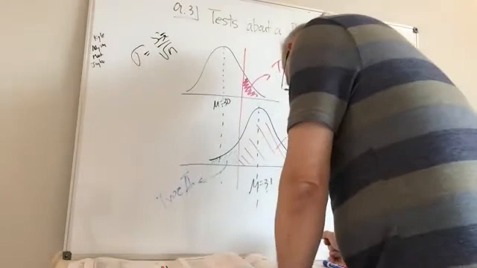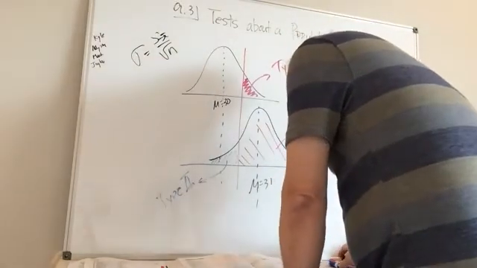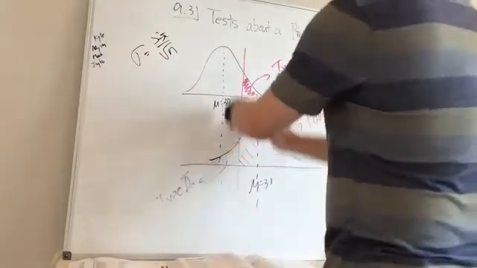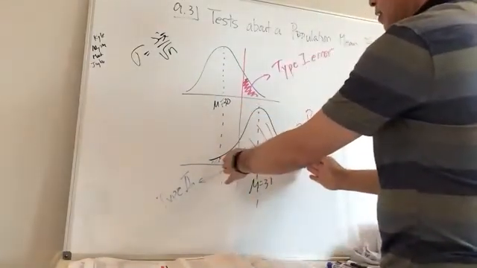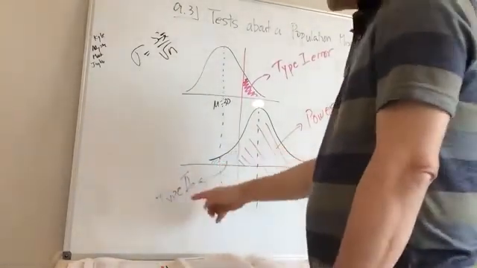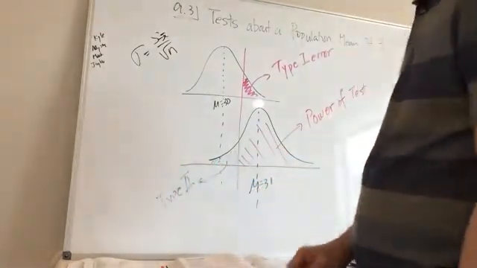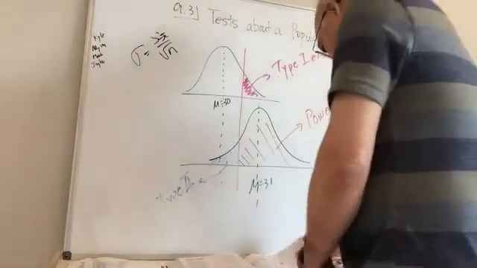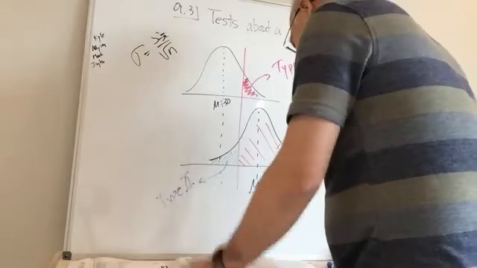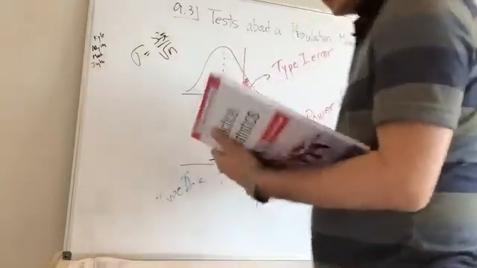The third one, if the null, the H0 and the Ha values are further apart, it's going to be easier to detect, and you're going to have less type 2 error. All right, so that's that. Let's go ahead and look at the example there on page 602.